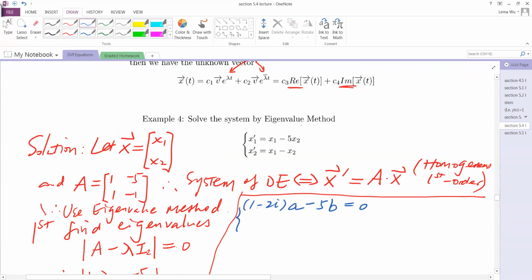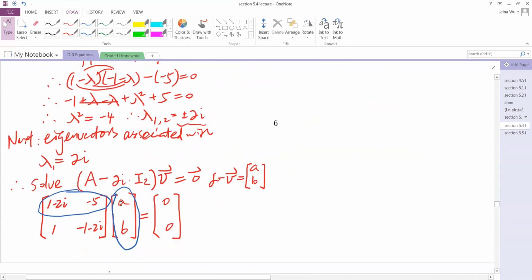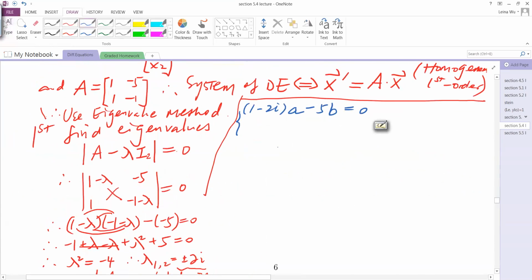That's the first equation. The second equation is 1 times a, plus negative 1 minus 2i times b, equals 0. Okay, let's call this equation 1 and this equation 2.